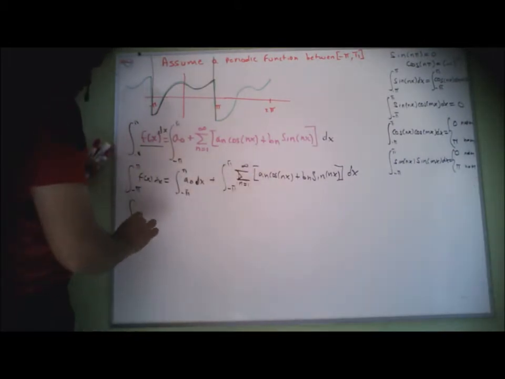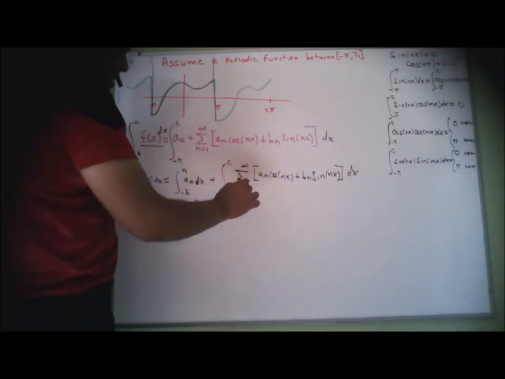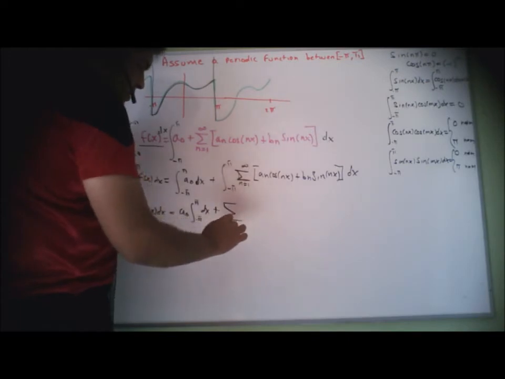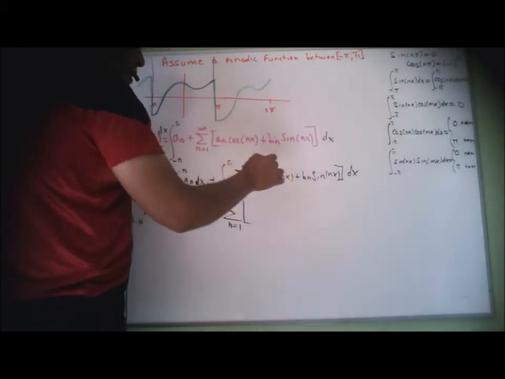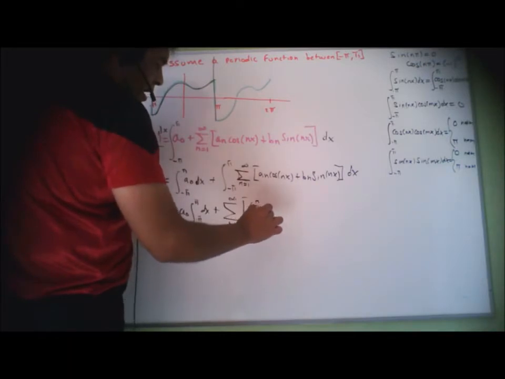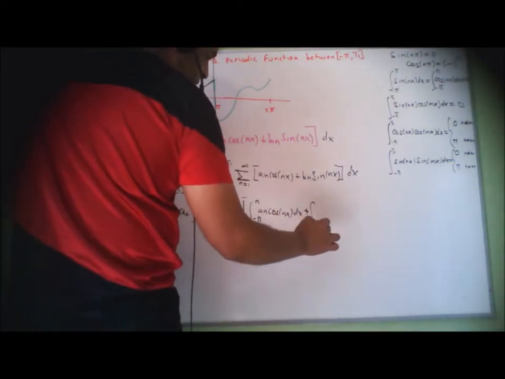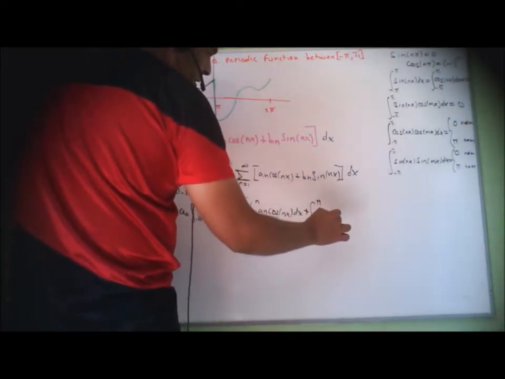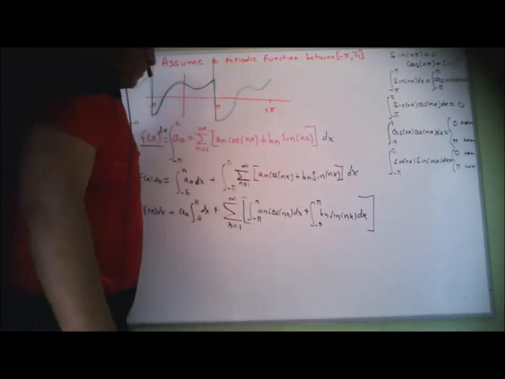It's going to be the integral from minus pi to pi of f of x dx equal to a0 times the integral from minus pi to pi of dx, plus the summation from n equal to 1 to infinity of two integrals: the integral from minus pi to pi of an cosine of nx dx plus the integral from minus pi to pi of bn sine of nx dx, and then you close this.